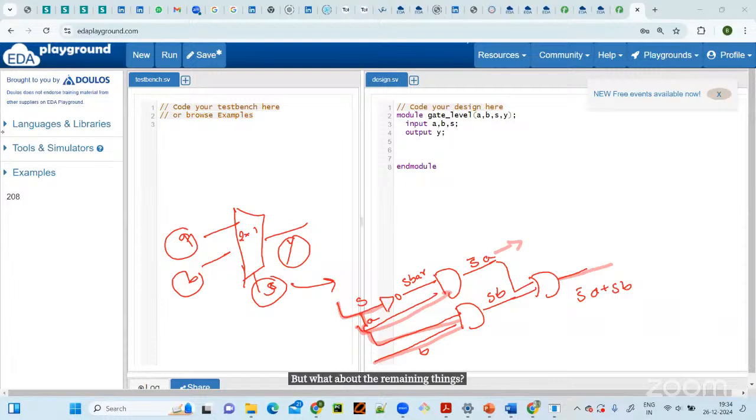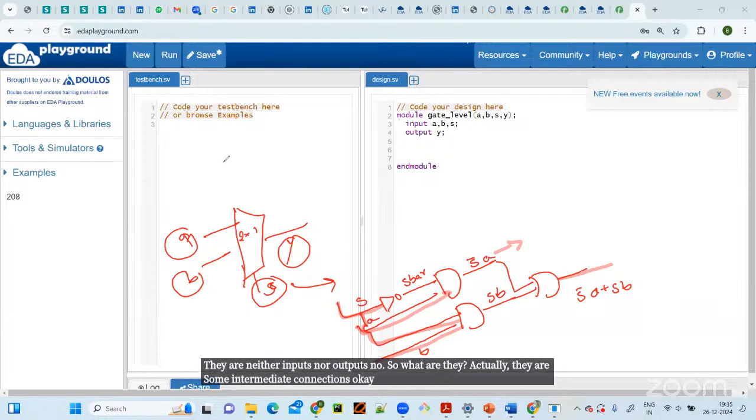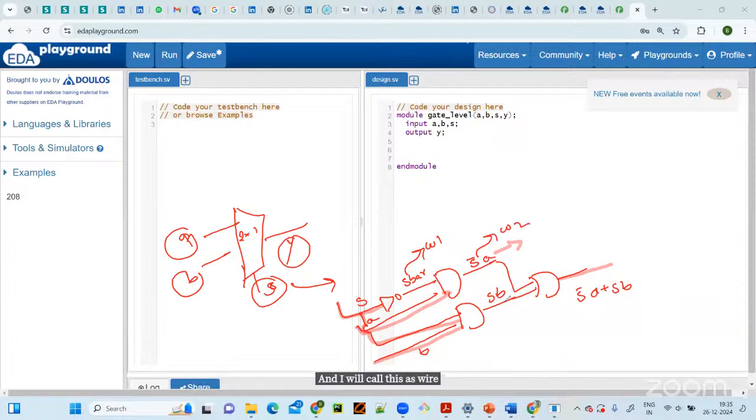What are these things? They are neither inputs nor outputs, no? Actually, they are some intermediate connections. So I will call them wires. I will call this wire 1, W1, this wire 2, W2, and this wire 3, that is W3.